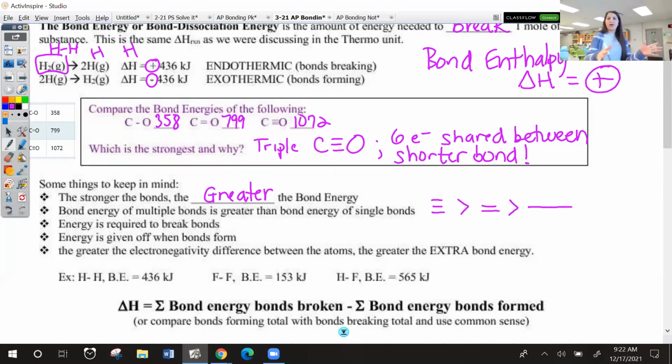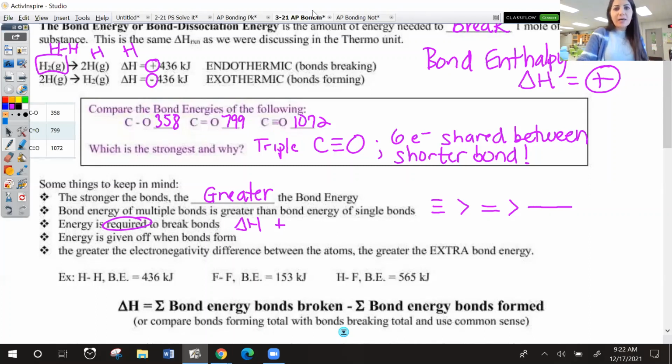And I'm purposely drawing it longer. Okay. Energy is always required to break bonds. Again, that means that my delta H will always be positive for bond enthalpy. And energy is given off when the bonds reform. Okay, so then delta H would be negative in that case.